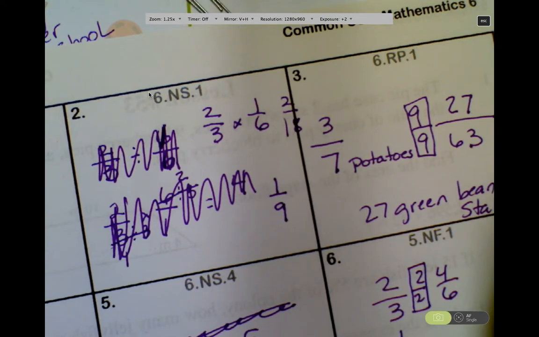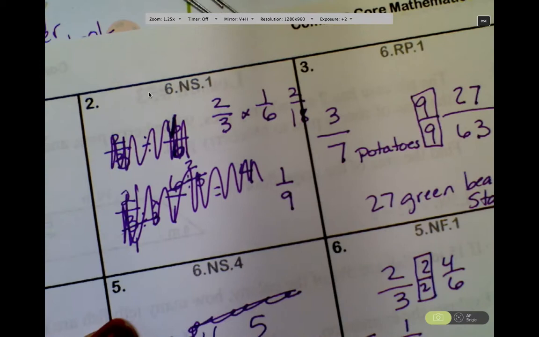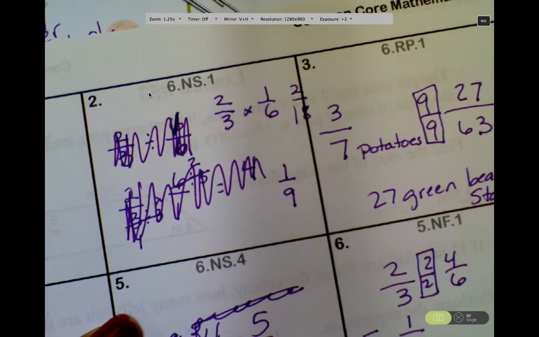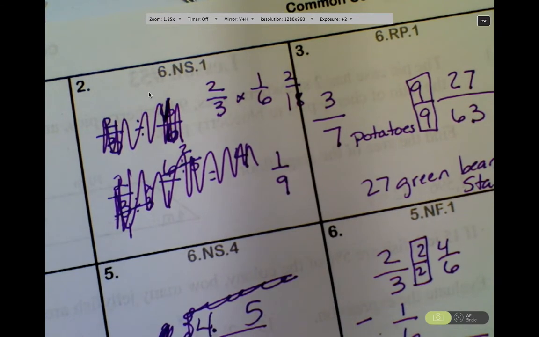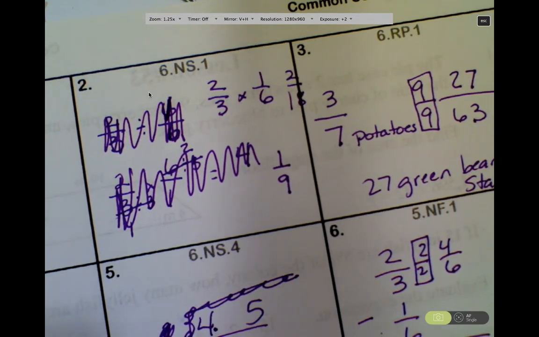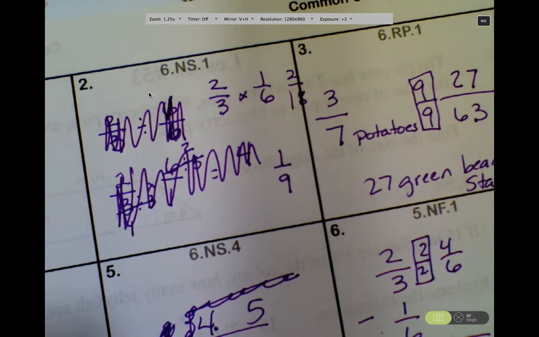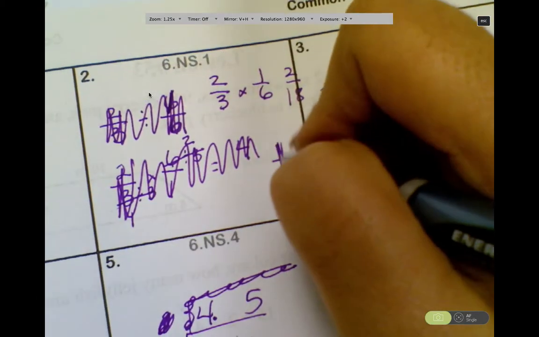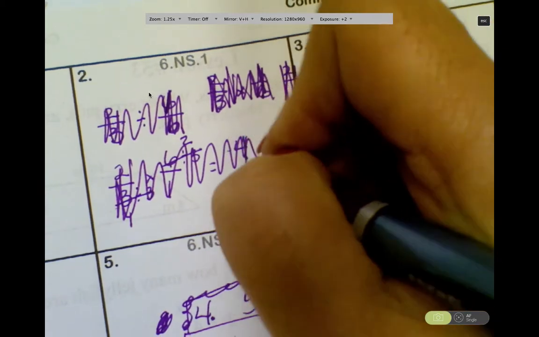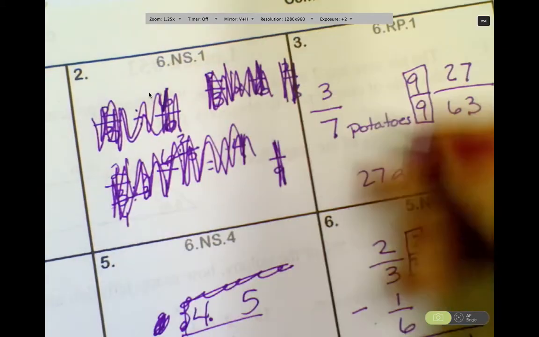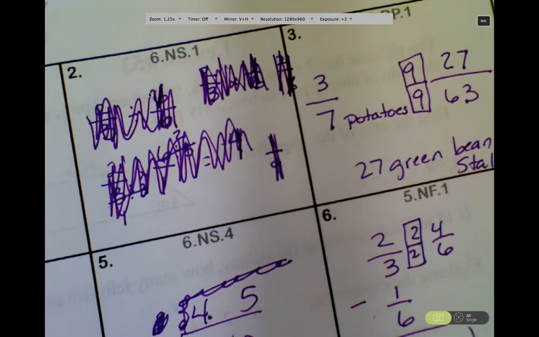How many? Do I have the right numbers? So how many 2/3 pounds are in a 1/6 of a pound? We're going to figure this out. This one's making me crazy. I'm not able to think this evening. All right, so let's take a look.